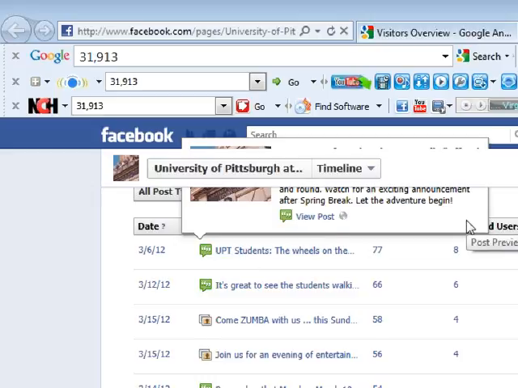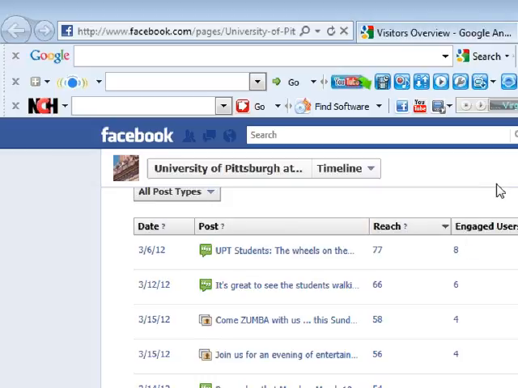And I think it was a bus trip going to Harrisburg at that point in time. We managed to reach 77 users. We had 8 engaged users on that post. That means we had 8 people talk back to us or share it, 4 hit that like button, etc., and we're talking about this. So it was a good post for them.